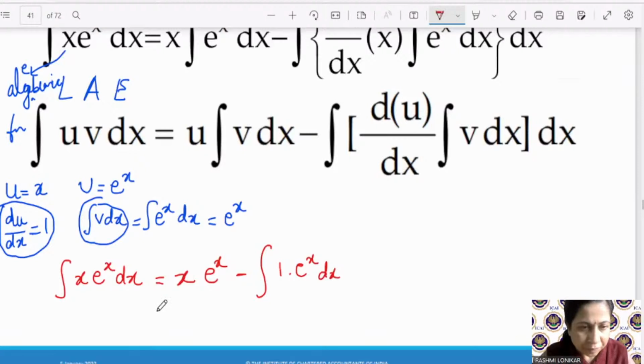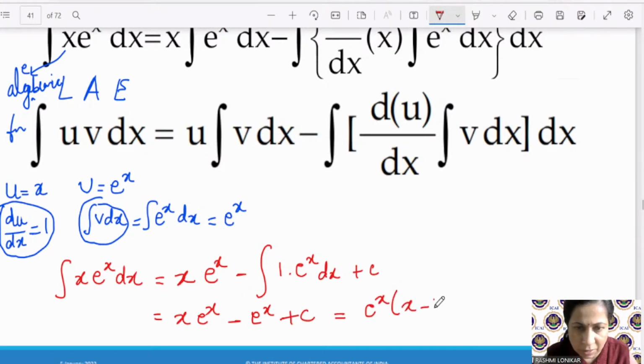Which is equal to x e raised to x minus 1 into e raised to x. Integral of e raised to x I already know is e raised to x. So minus e raised to x plus c. I can write this as equal to e raised to x, x minus 1, plus c.